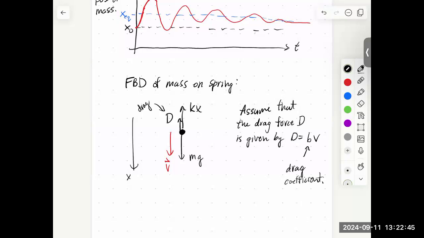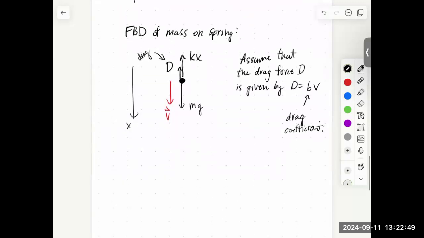All I'm going to do is I'm going to write down Newton's second law, or the equation of motion for our system. So Newton's second law is that ma is equal to the net force on our system. So m times a is equal to the net force.